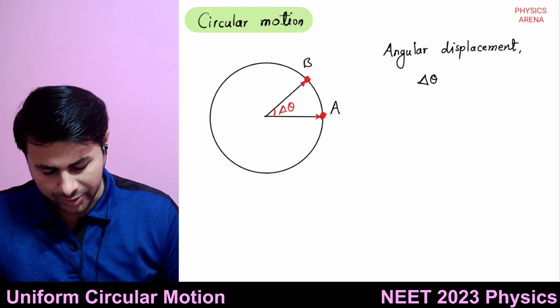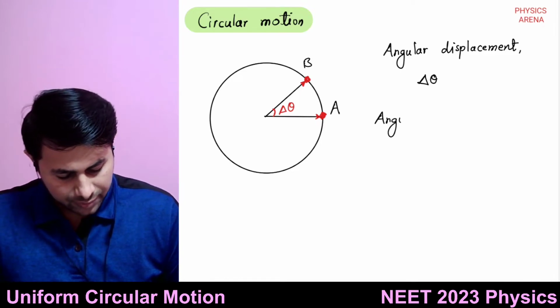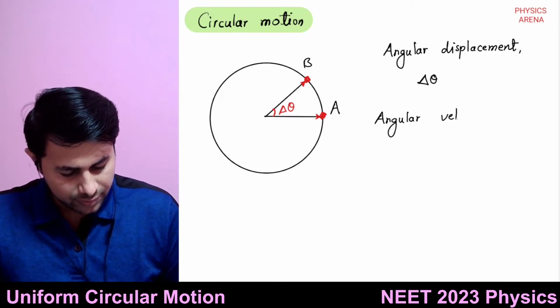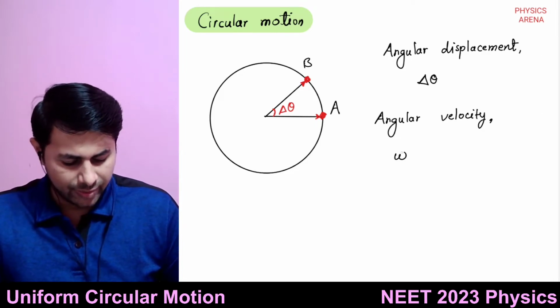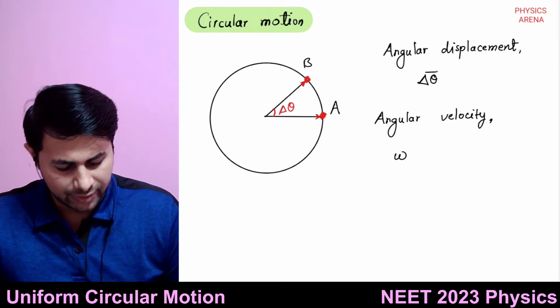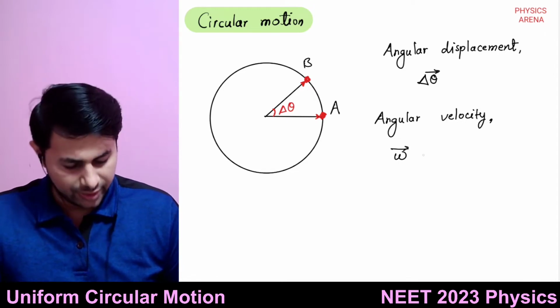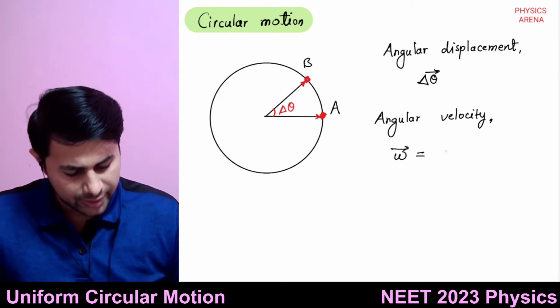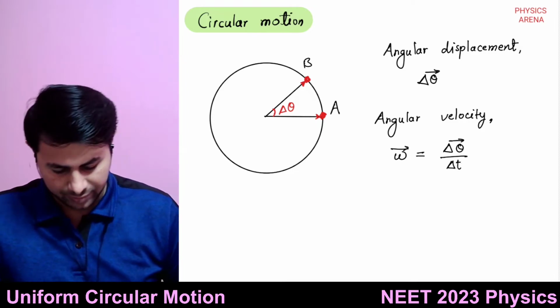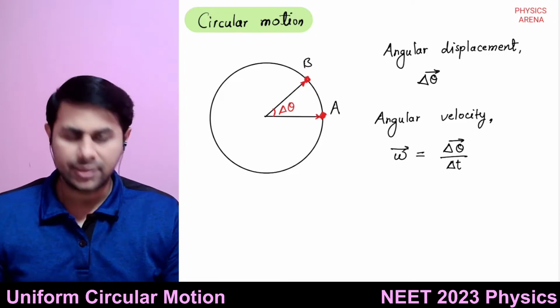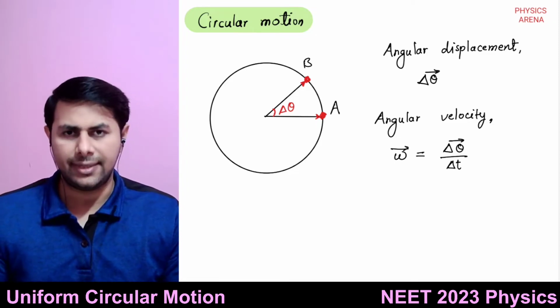So angular velocity, we denote it by omega. Okay, and this is a vector quantity. So it is delta theta divided by delta t. So angular velocity is angular displacement divided by time.